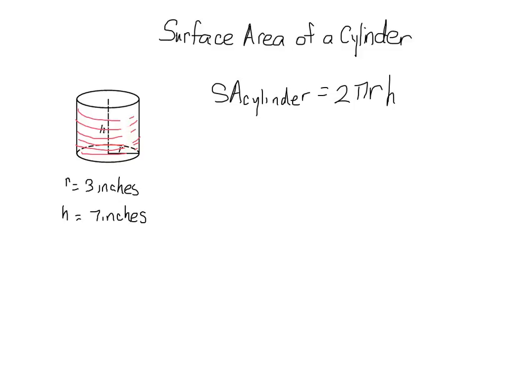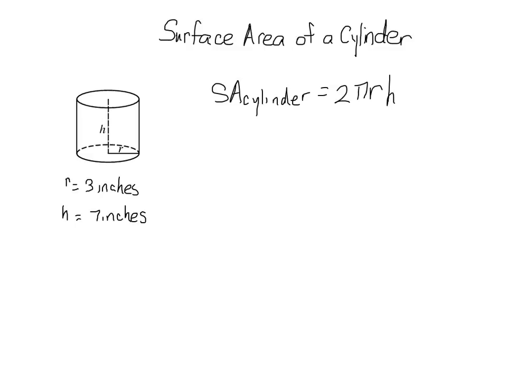Now, if you're thinking of more of a can, you're going to have to adjust the surface area to add on a top and a bottom, or even a cup. If it has a bottom, you're going to have to adjust that surface area as well. Now, let's pretend that our cylinder is open like the toilet paper roll.